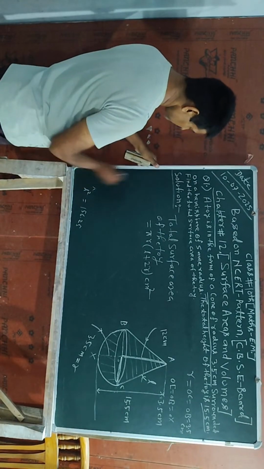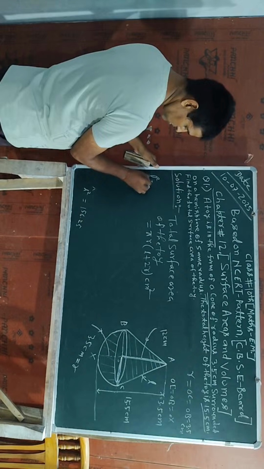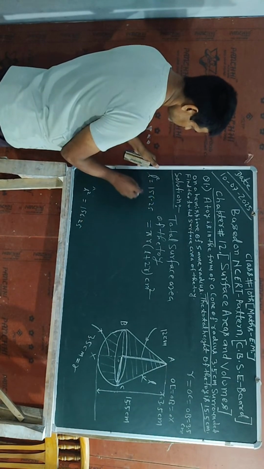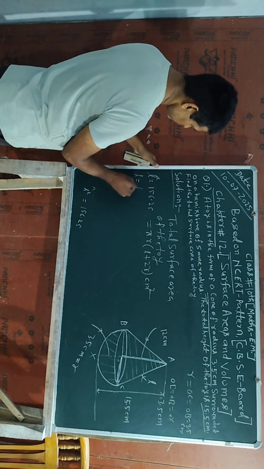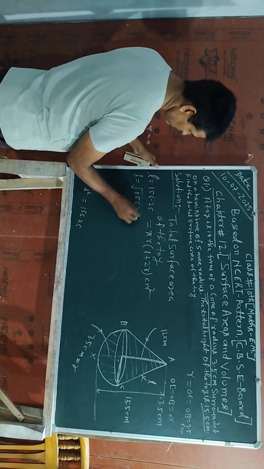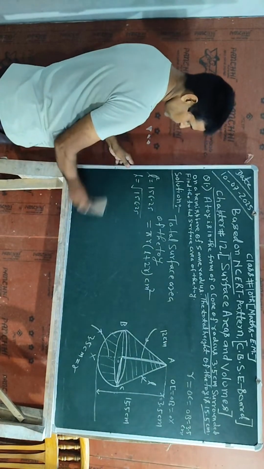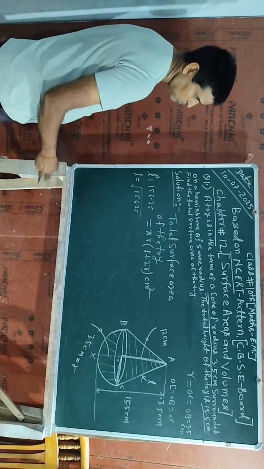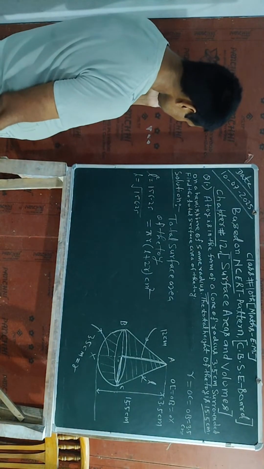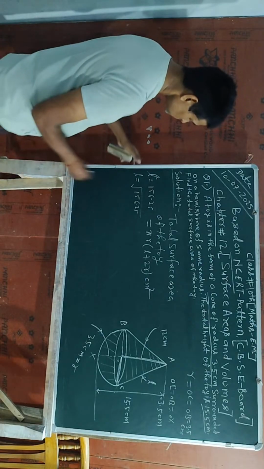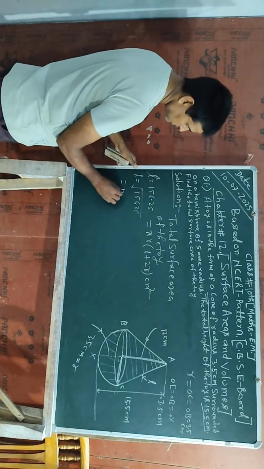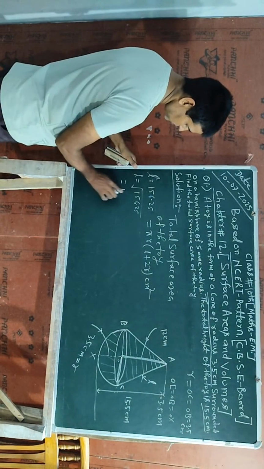So here square is equal to 156.25. Okay, so further I will take its square value. So here will be 13.12.5.